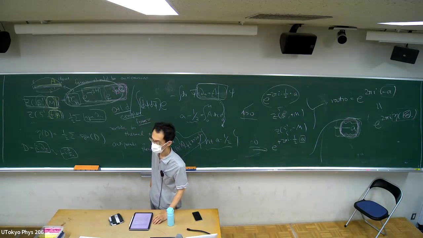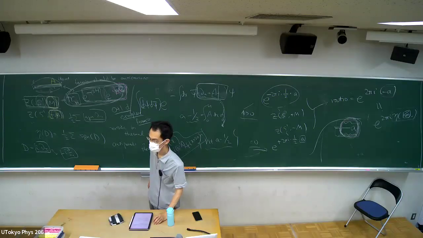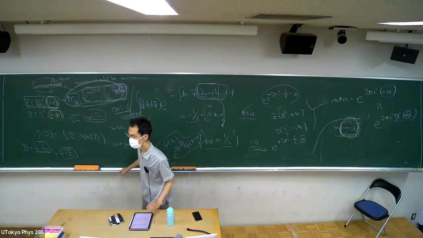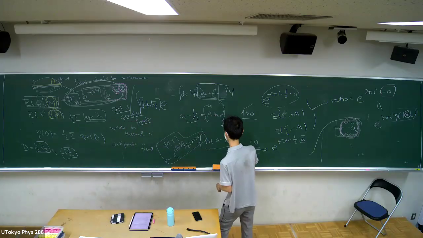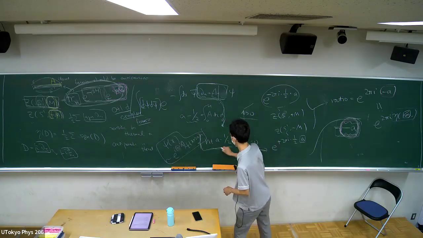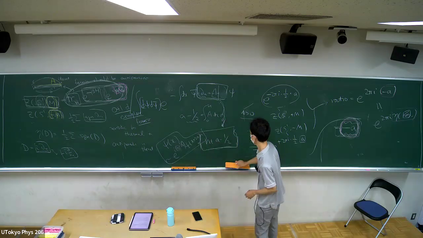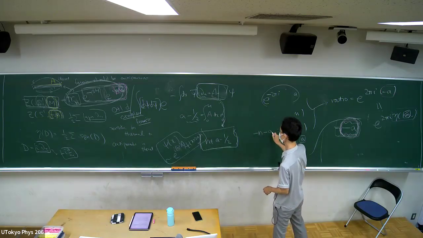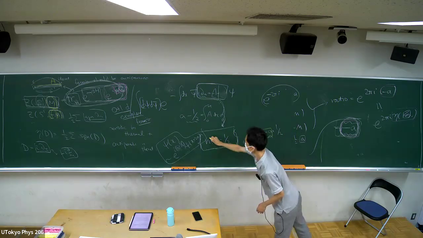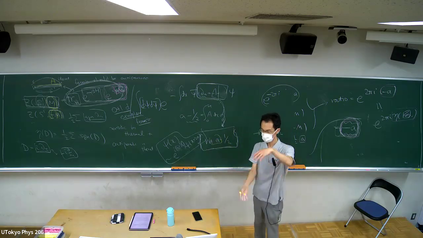You take all the eigenvalues to get the invariant. Not really, because the set of these eigenvalues, if you put a minus sign, is this, right? Okay, so the eigenvalue spectrum is not necessarily symmetric.